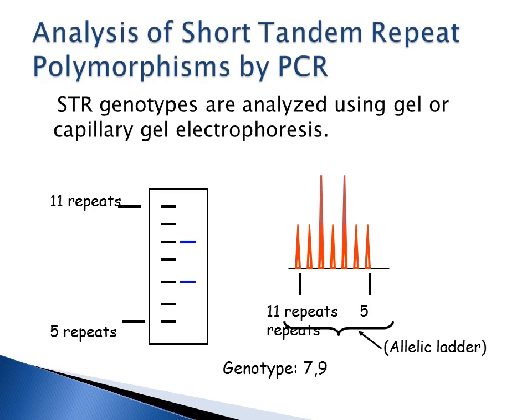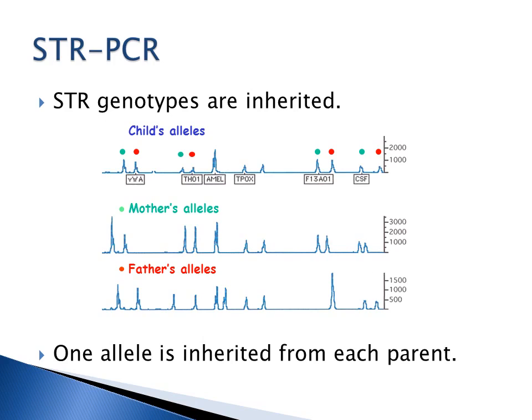You can also do this in capillary gel electrophoresis, where you get your peaks, and you compare the peaks to your allelic ladder and determine your genotype. Short tandem repeat genotypes are inherited, so you can use PCR short tandem repeat analysis to compare a mother, a father, and a child to determine paternity.